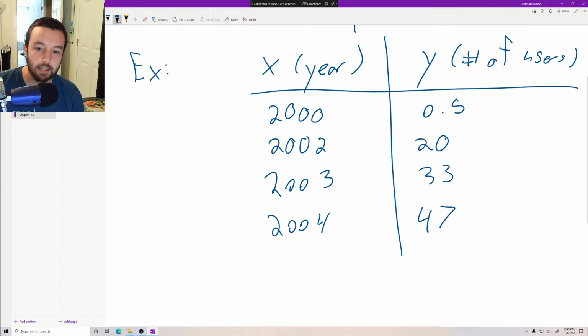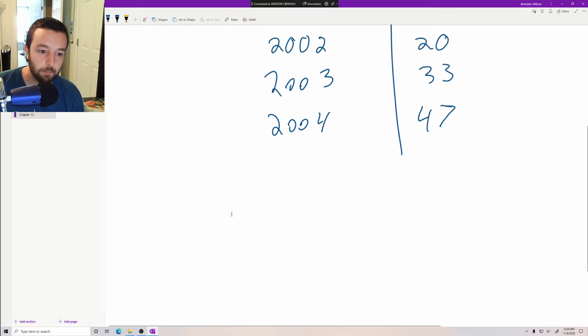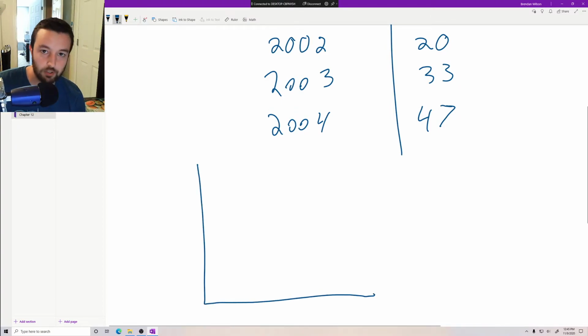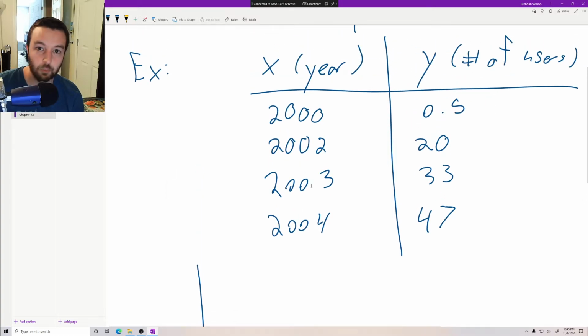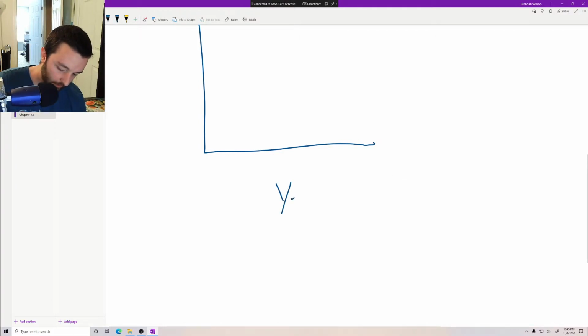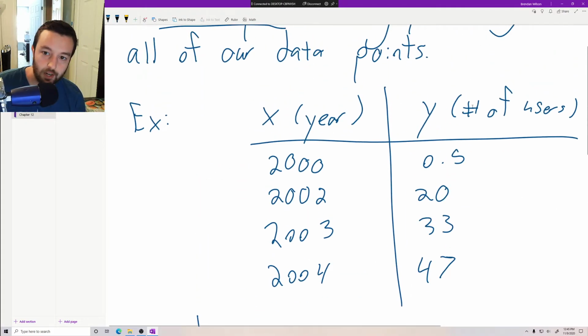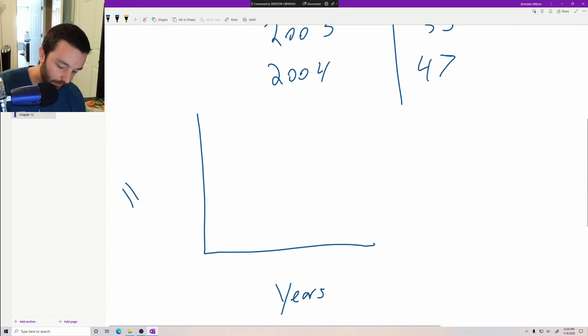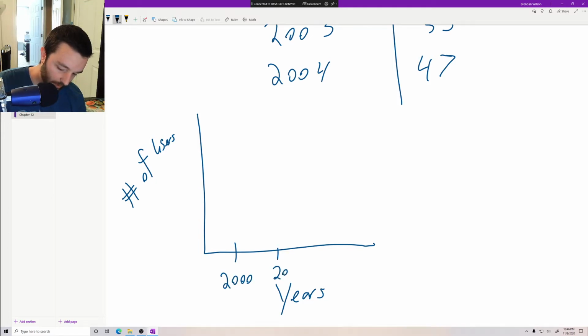So what we want to do is take these numbers and make a graph out of them. Obviously, we're not going to want to use our 1, 2, 3, etc. scale because these numbers are way too big for that. So our X will go along here, and our Y will go along here. We'll have our 2000, 2002, 2003, 2004.